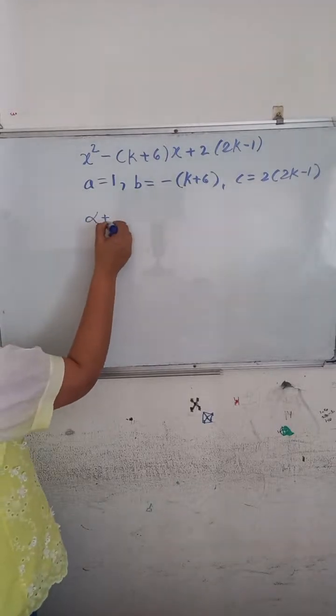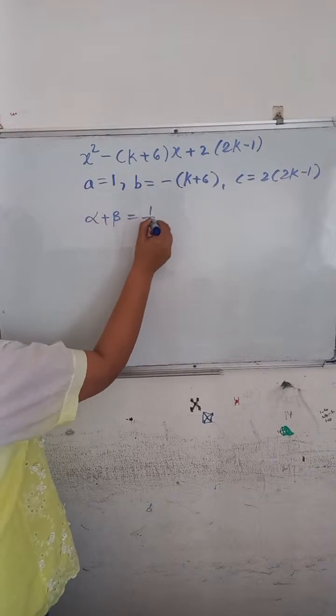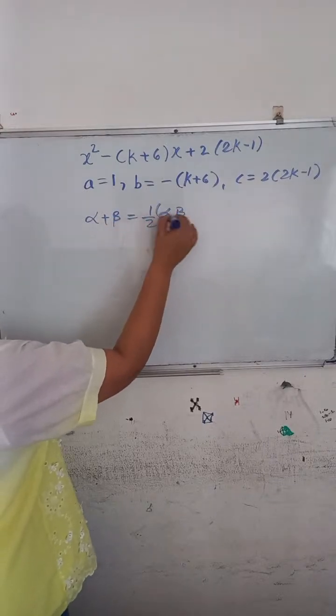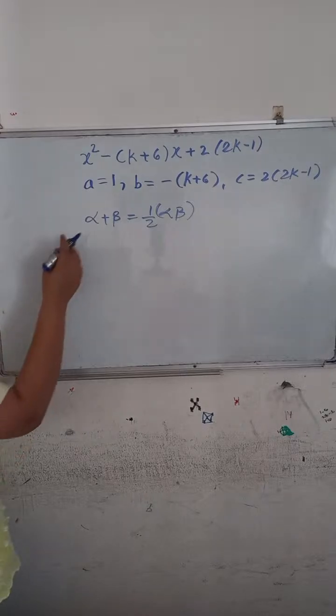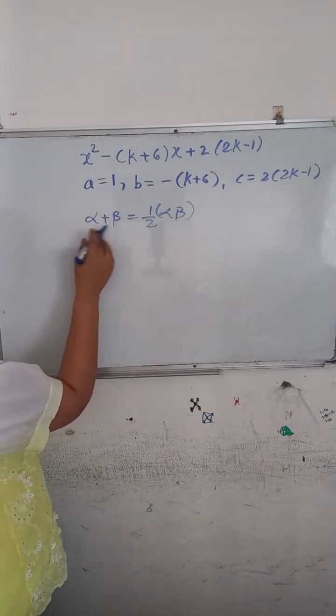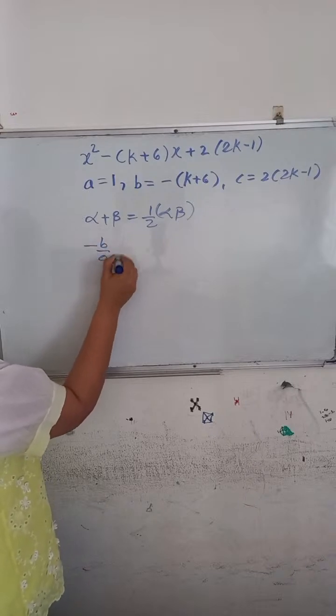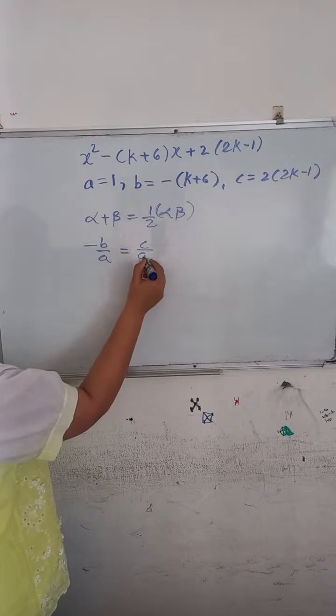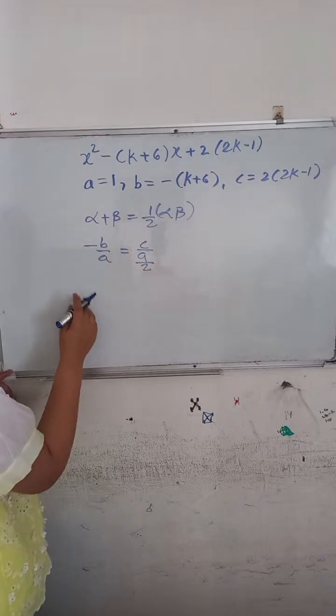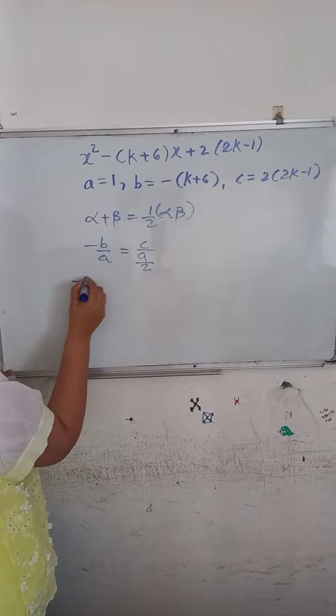Getting up to here, this is a, b and c. Now what they are saying: sum of the zeros equal to half of their product. This is the condition, and if we write alpha plus beta, that is minus b by a, and alpha into beta is c by a by 2. So here b is nothing but what?